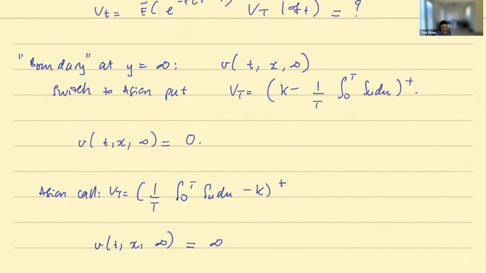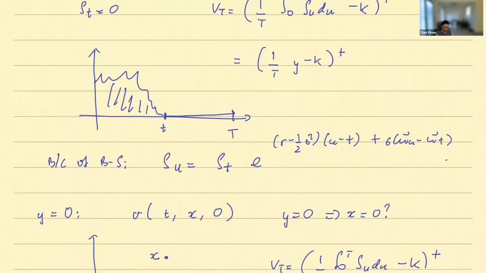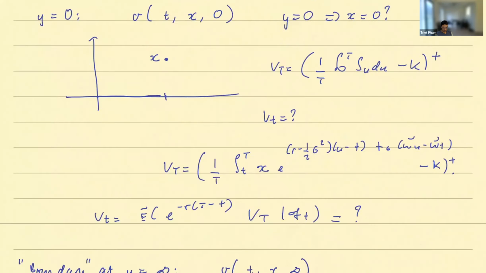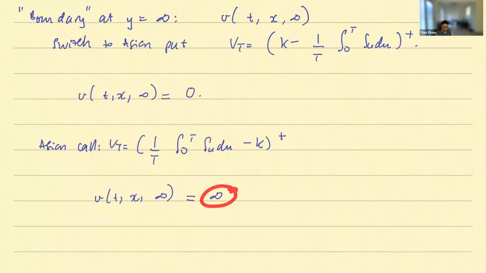Infinite here is okay, because you just replace it with a very large value as a boundary. Infinite here is not okay, because infinite here means that this is the value of the option that you start propagating back in. And if you put an arbitrary value here, it will mess things up. So infinite here definitely is not okay.